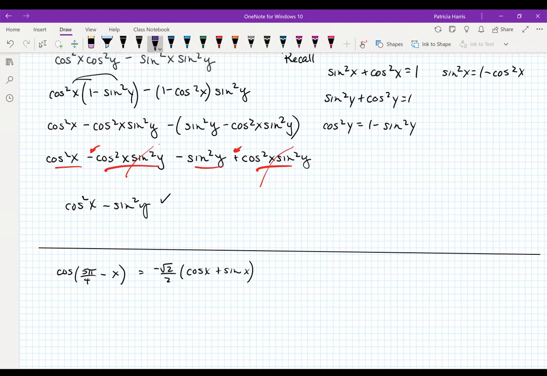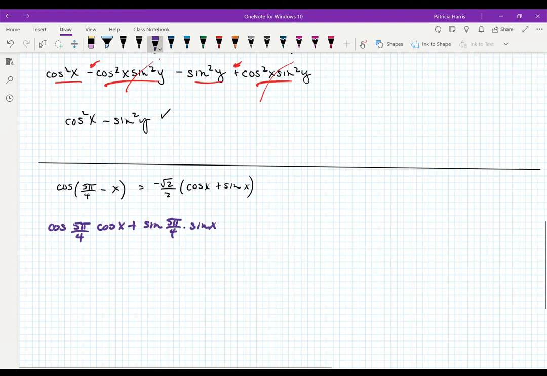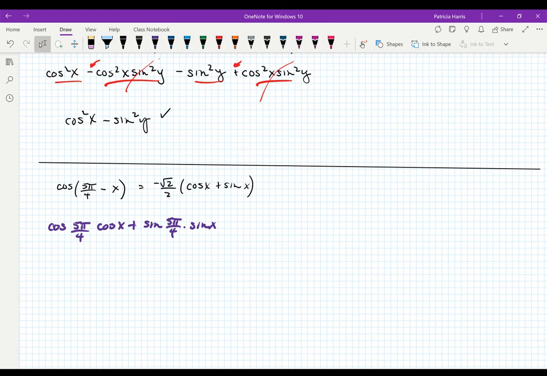So what I'm going to do is I'm going to look at my difference identity for cosine. So I'm going to go cosine 5 pi over 4 cosine x plus sine 5 pi over 4 sine x. Okay, so again, working the left side.